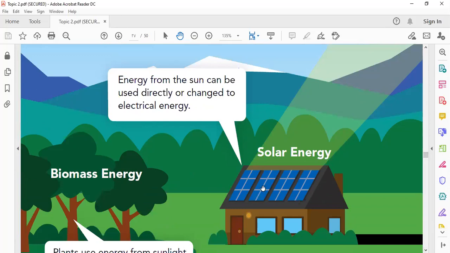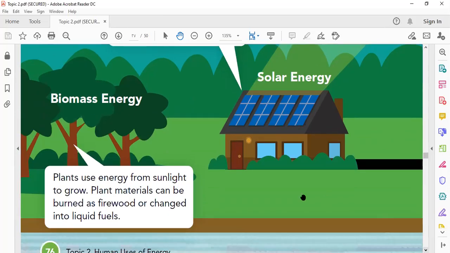The second type of renewable energy sources is biomass. Look, biomass, and these are trees. We can use the remains of the plants for burning. Biomass, in Arabic, is firewood. Plants use energy from sunlight, as you know, in photosynthesis.